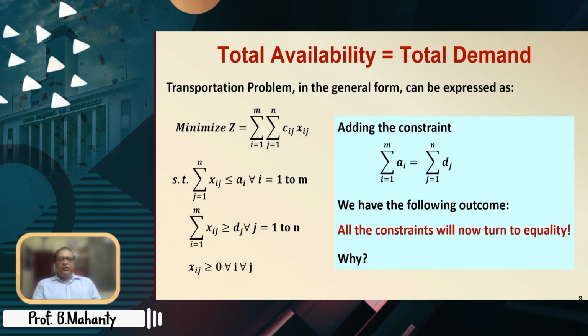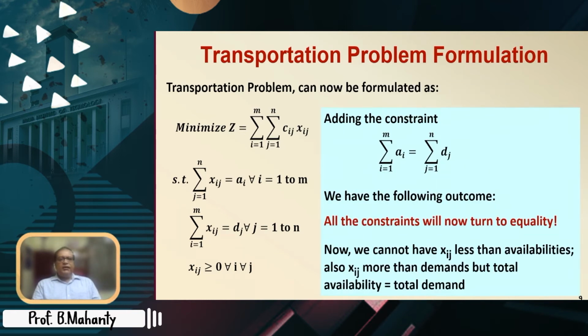When we do that, all the constraints turn into equalities, and we have a new problem, that is minimization of Z equal to the double sum over i and over j of Cij Xij, subject to the sum of Xij over j equal to Ai for all i, and the sum of Xij over i equal to Dj for all j.